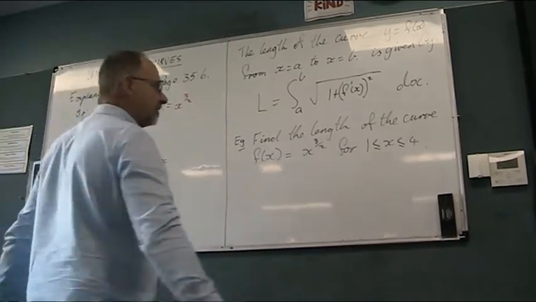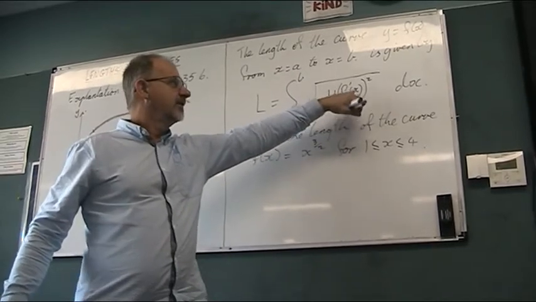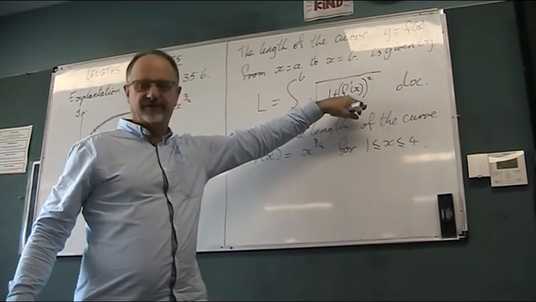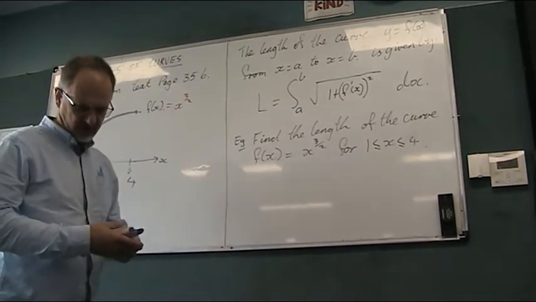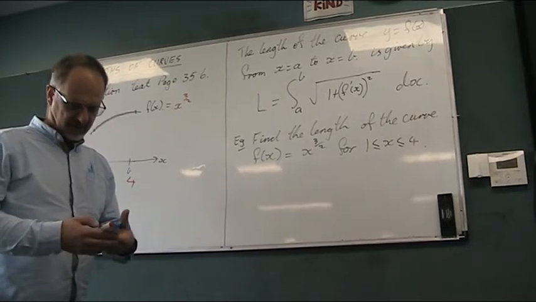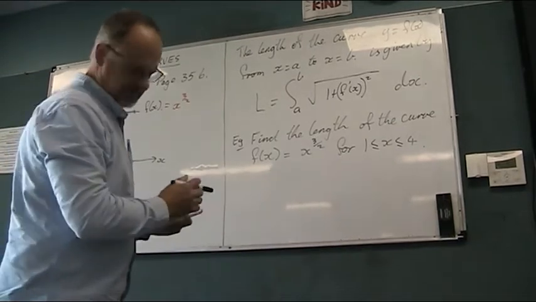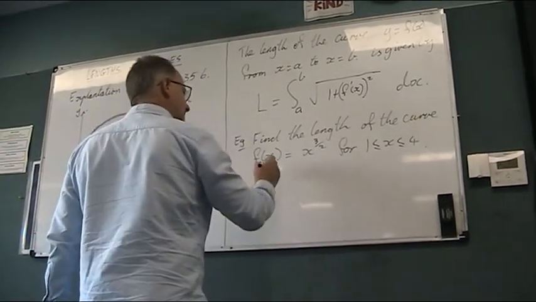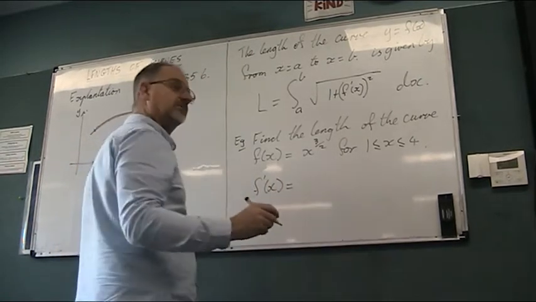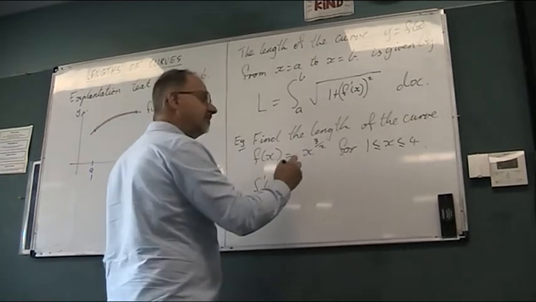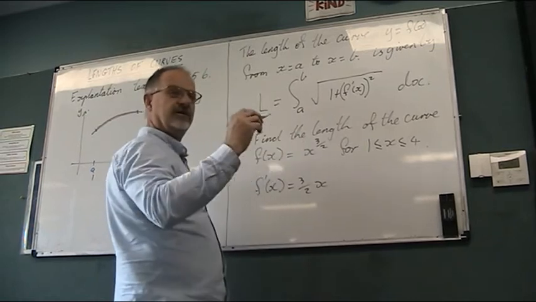Alright, so when we look at the formula that we've got to use, we'll notice that the derivative of the function is there. So first of all we need to put that in. So the derivative f dashed x, polynomial, power comes down, 3 over 2 x to the power of half.